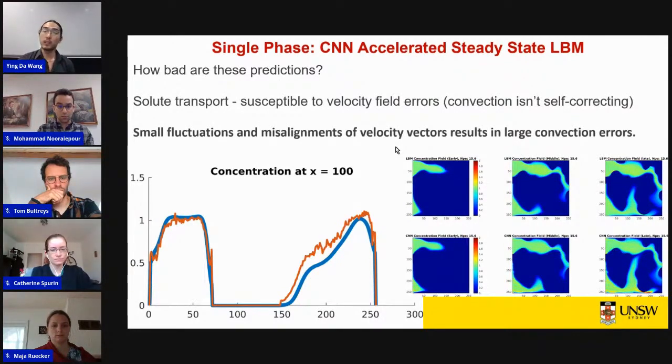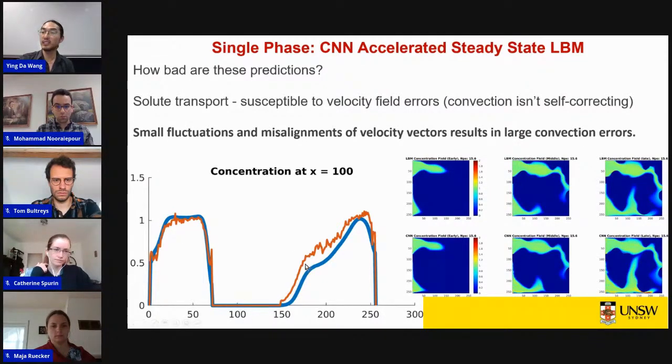But what I found is that if you begin to increase the complexity of the geometry of the domain, your predictions get worse and worse, to the point where these velocity fields get so bad that if you try to run solute transport on them just as they are, you get this kind of profile.